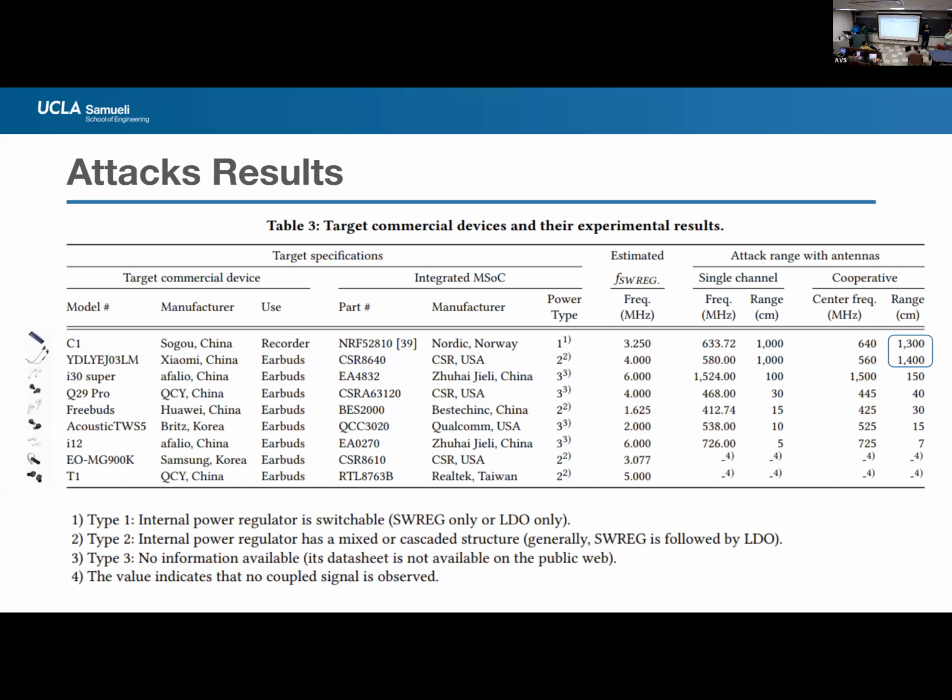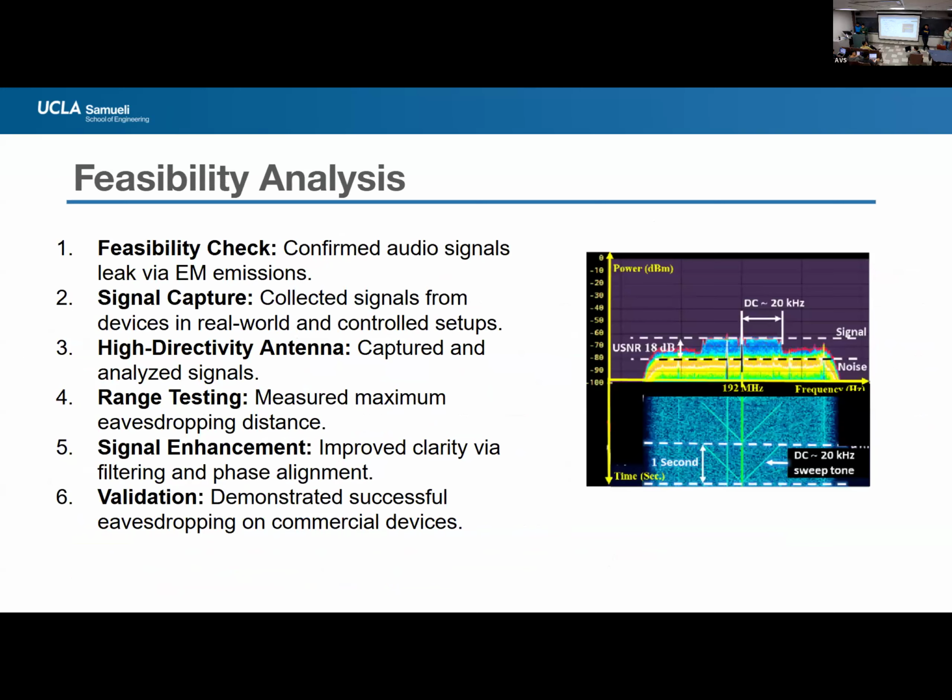The second one is a type 2 device, like all the others, but this Xiaomi earbuds has a wire across it, so it acts like an antenna that could radiate further. So that's the two important findings.